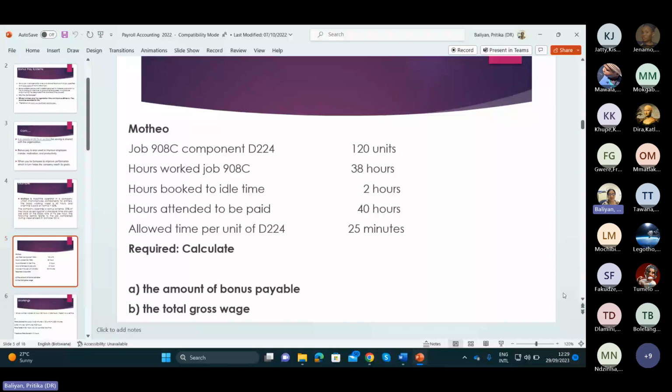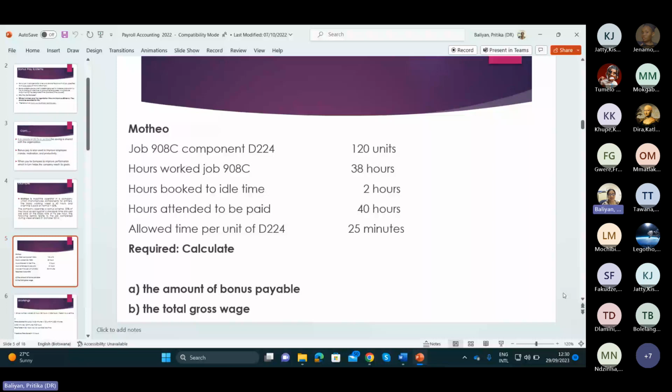So first of all we will see if this person is eligible to get a bonus or not. What is the standard time to make 1 unit of the component? What is the standard time or allowed time? It is 25 minutes, okay?